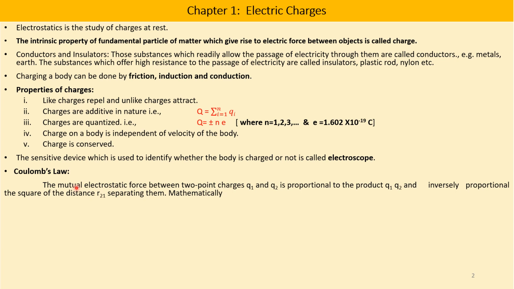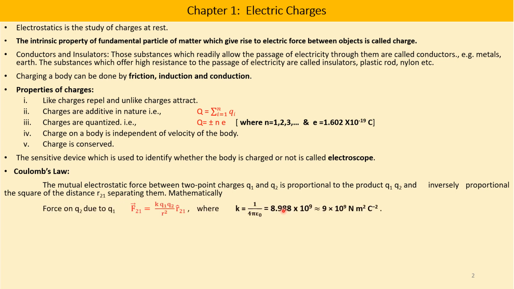I will repeat, the mutual electrostatic force between two point charges Q1 and Q2 is proportional to the product Q1 into Q2, and it is inversely proportional to the square of the distance between the two charges Q1 and Q2, which is separating them.